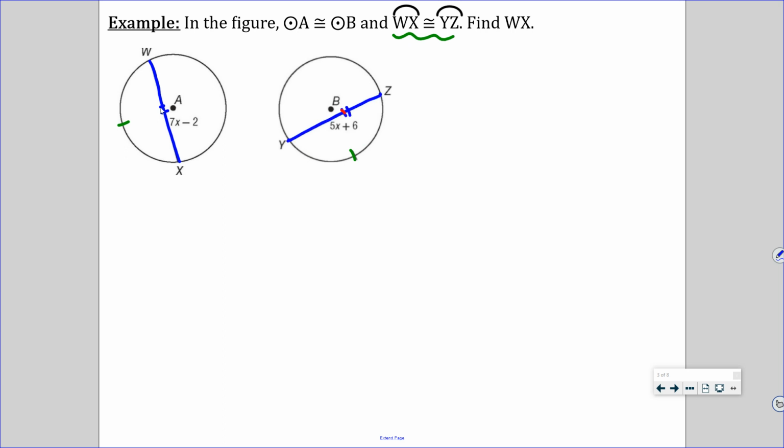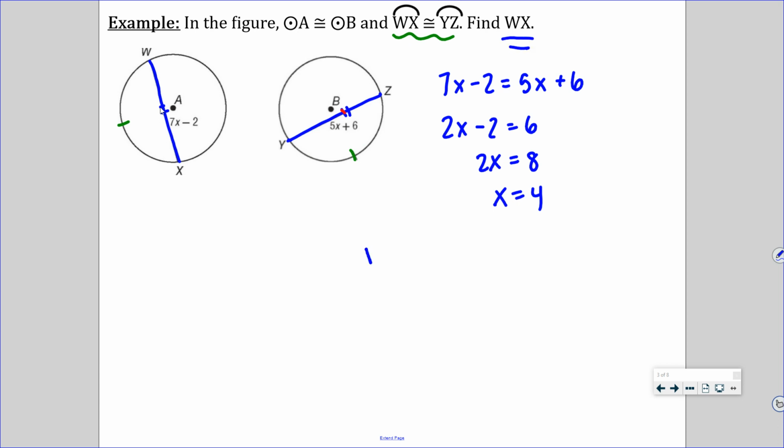So how could I set up an equation to solve for X, Brianna? So the equations equal to each other? Equal to each other. They have to be the same length. Solve this quick using math. X is 4. Unfortunately, the problem says find WX.